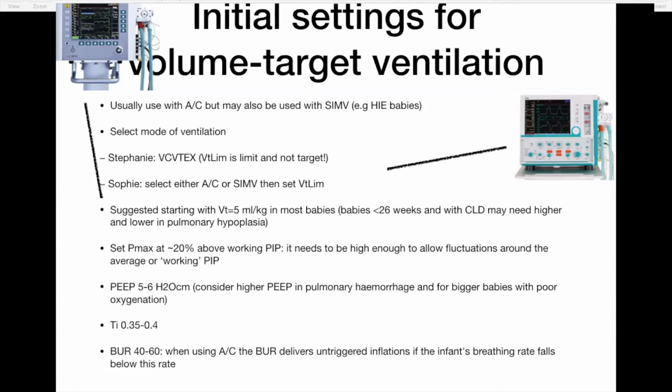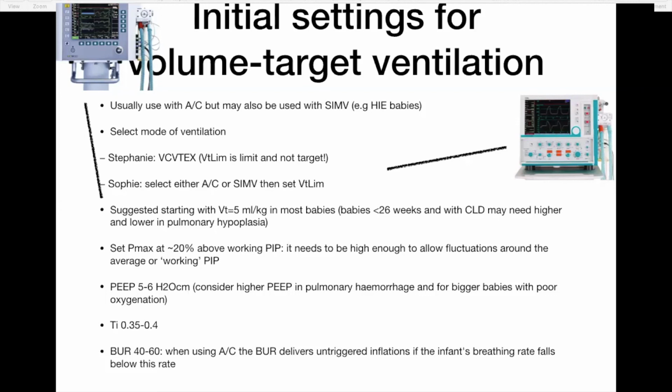We always have to set our PEEP, which is usually between 5 and 6. Of course, we can use higher PEEPs, for example, in pulmonary hemorrhage, or for bigger babies with poor oxygenation, because it's going to increase our mean pressure. We have to set an inspiratory time, which is usually around 0.35 to 0.4.